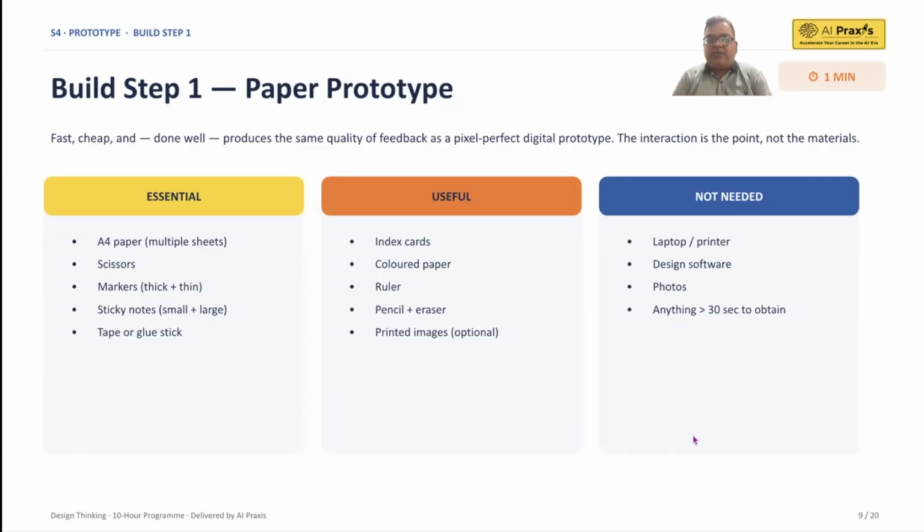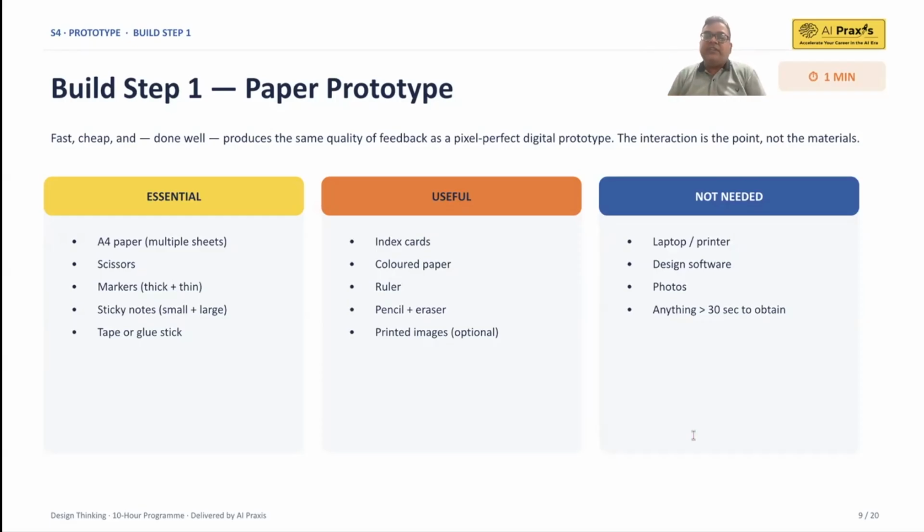When you're working on paper, you are not worrying about fonts, colors, alignments, animations, anything else. Your entire focus remains on solving the user's problem. If something doesn't work, you can redraw it in seconds. That freedom is exactly why companies like IDEO and the Stanford Design School continue to use paper prototypes even for digital products.